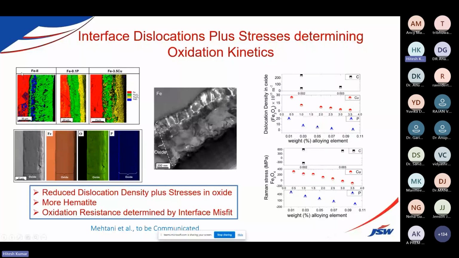Then find out the grain size of magnetite. Then again make a subsheet, remove the other phases, keep only wustite, and find out the grain size of wustite only. That can be done in EBSD.